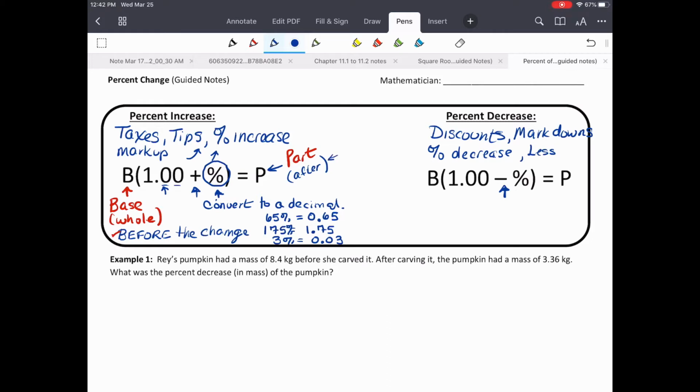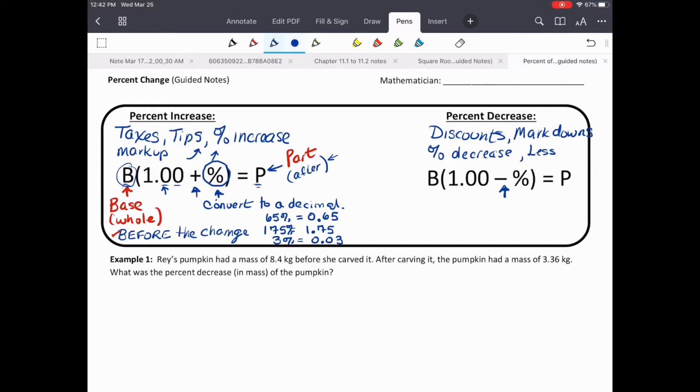That's your after. So it's B for before, base, and P for part, and that's the after. I know after does not start with a P, but it's before and after, and it works that way in your equation too. The B is first, and then the part is last, which is sequentially how things go.